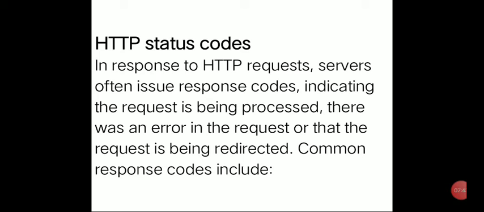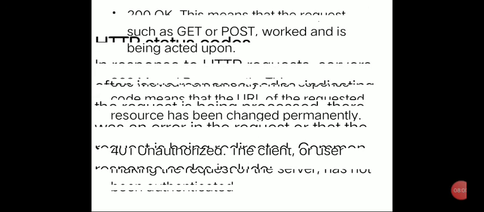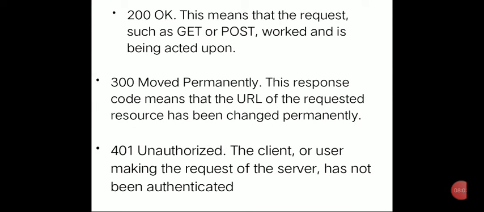HTTP status codes. In response to an HTTP request, servers often issue response codes indicating that the request is being processed, that there was an error in the request, or that the request is being redirected. Common response codes include 200 OK.